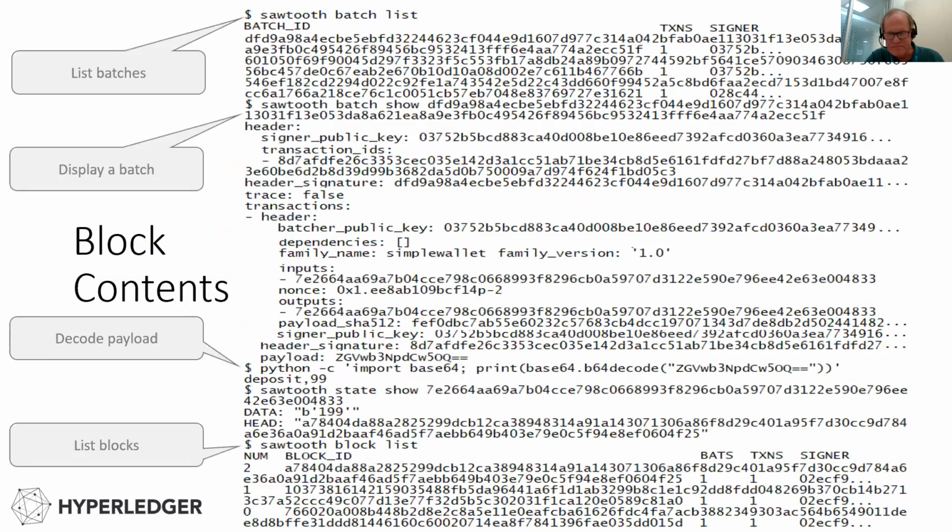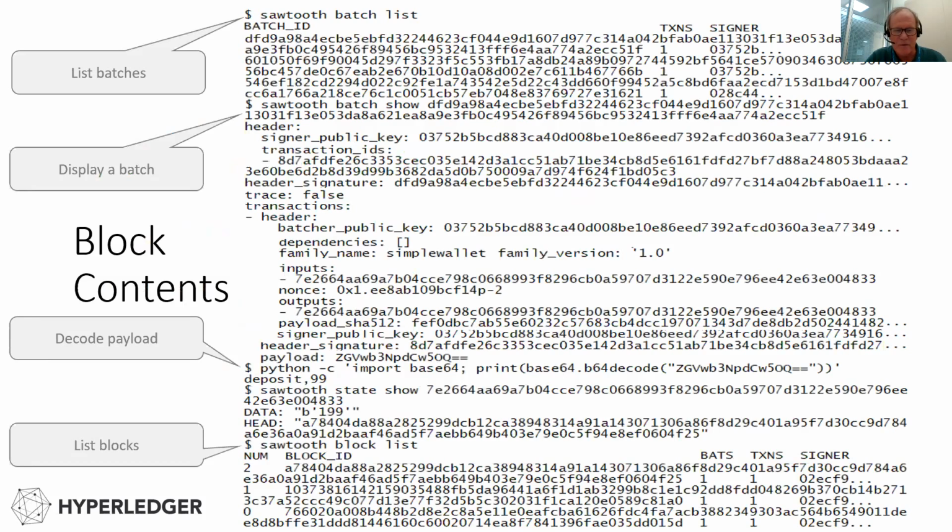We could also show what's in state. So in this case, we have sawtooth state show and some address. The first 6 characters are 7e2664. That's the prefix used for the SimpleWallet transaction family, and the rest is the hash of Alice's wallet.